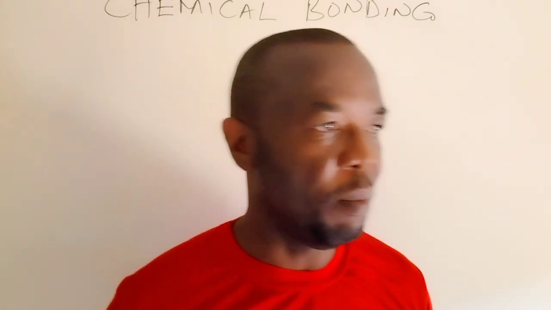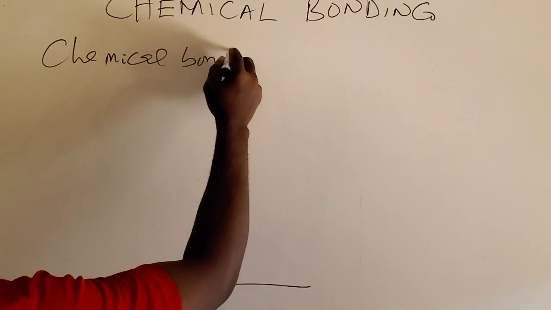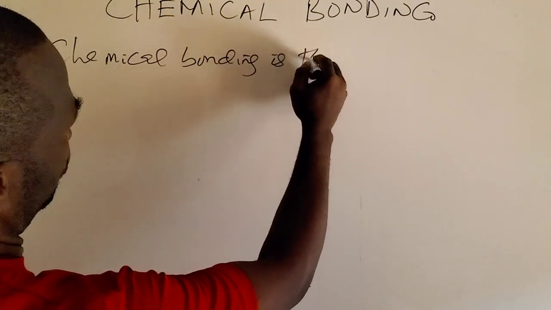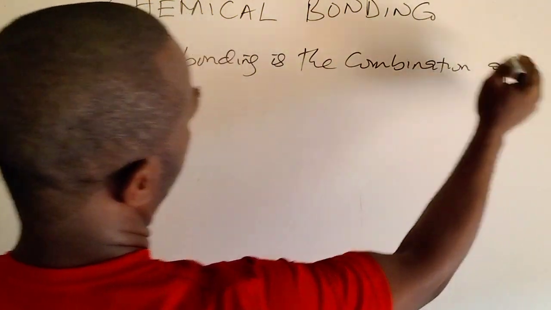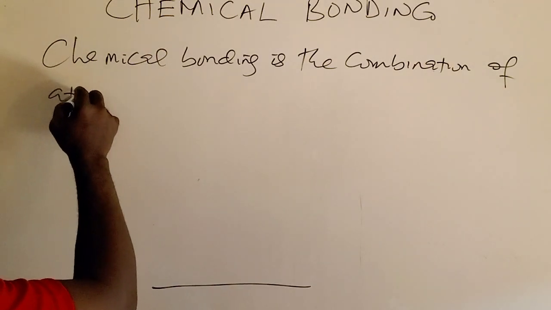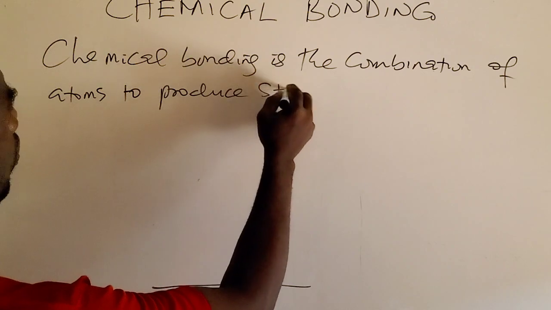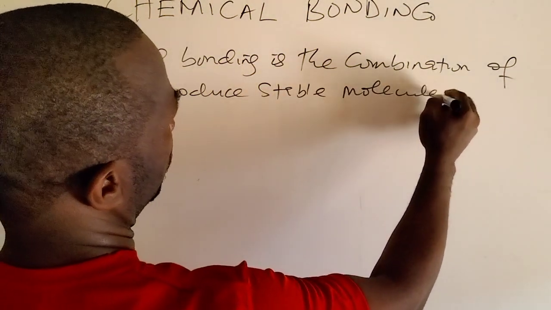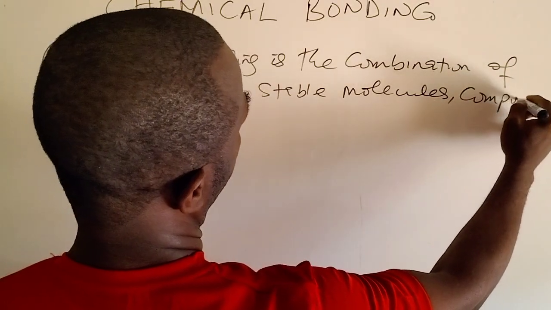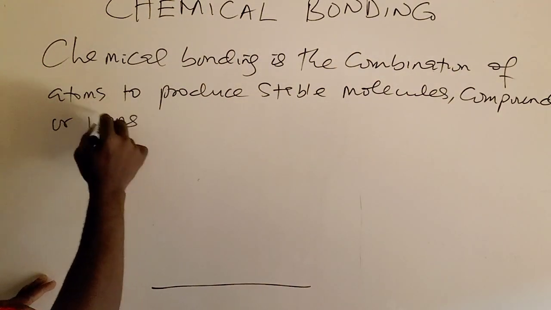So today we'll start by defining chemical bonding. We'll say chemical bonding is a combination of atoms to produce stable molecules, compounds, or ions.